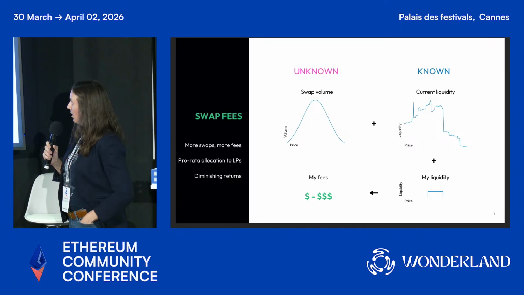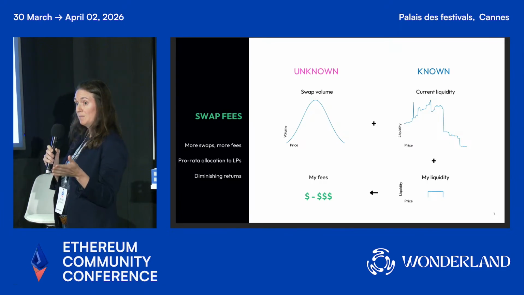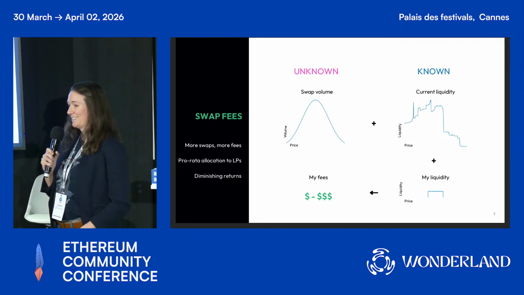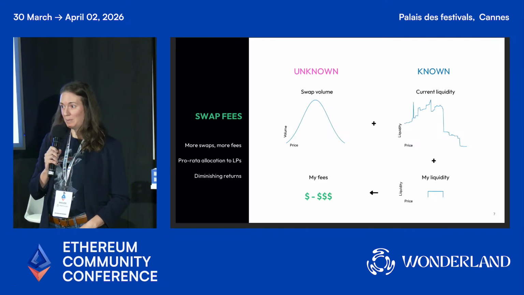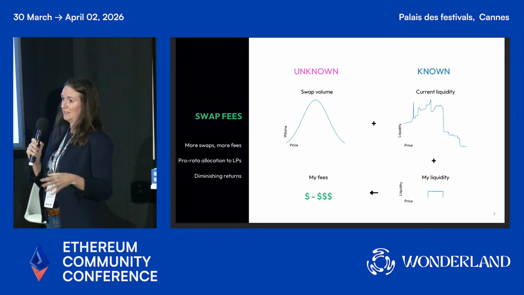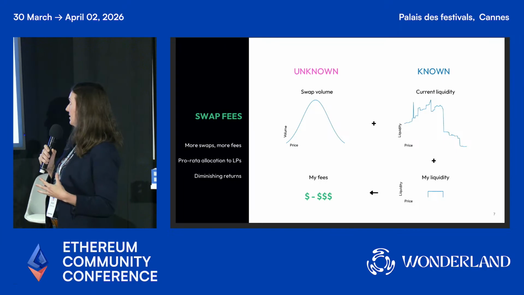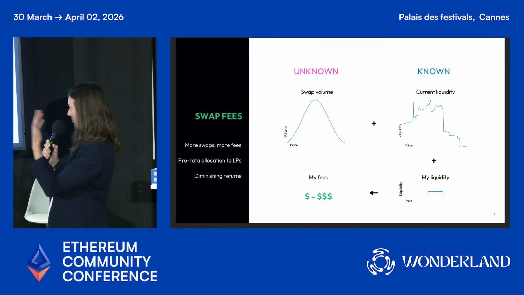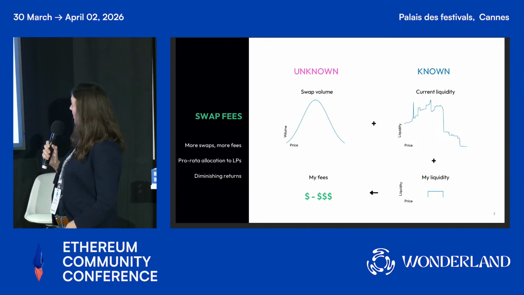There are some things that I know and some things I don't know when I want to estimate my swap fees. One thing that's not known is what the swap volume will be over ticks. I might guess that it has this roughly Gaussian shape centered at the current price, but this could be anything. I might have a better estimate that I can swap in. There are things that we do know.